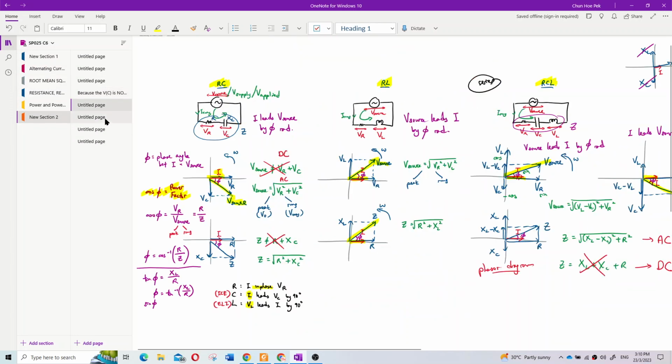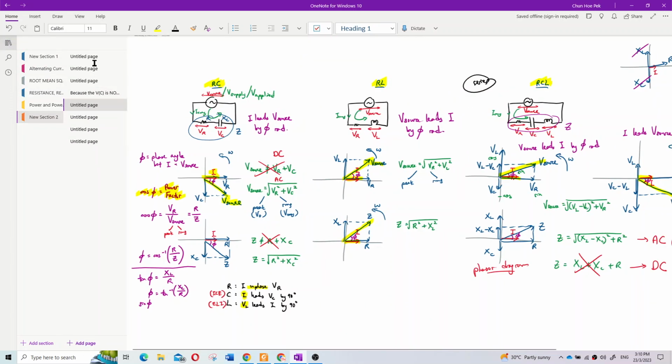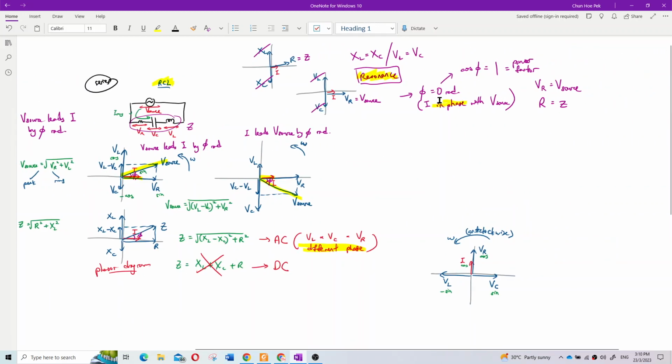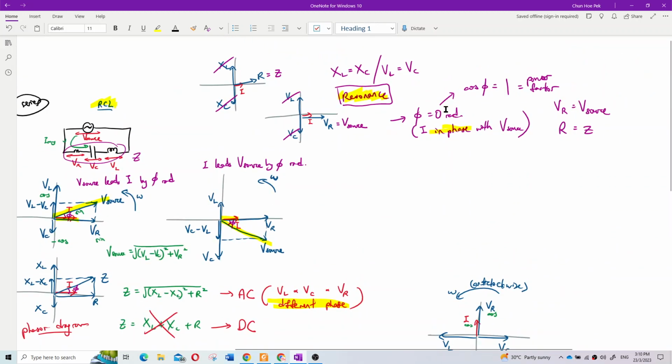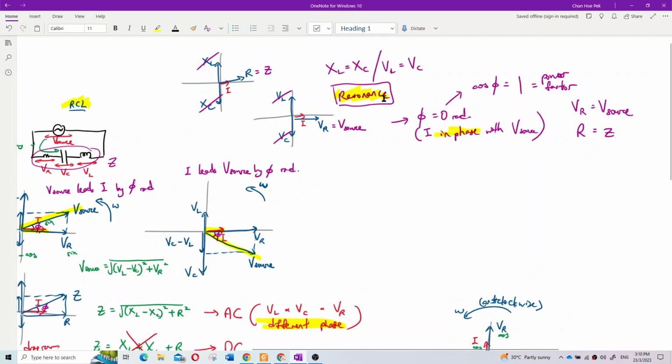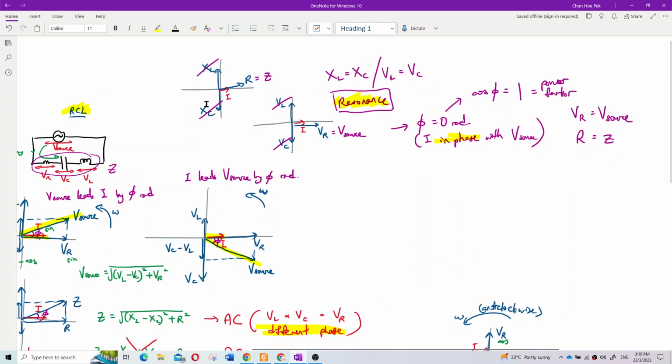So this is the resonant frequency. In the previous lesson, I did talk about resonant frequency already. That happens when XC equals XL, they cancel each other, and then the resistance equals the impedance.